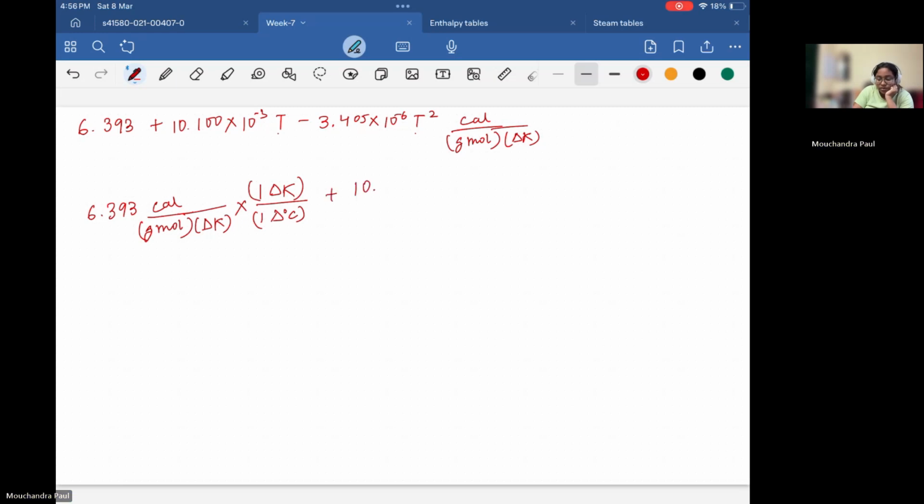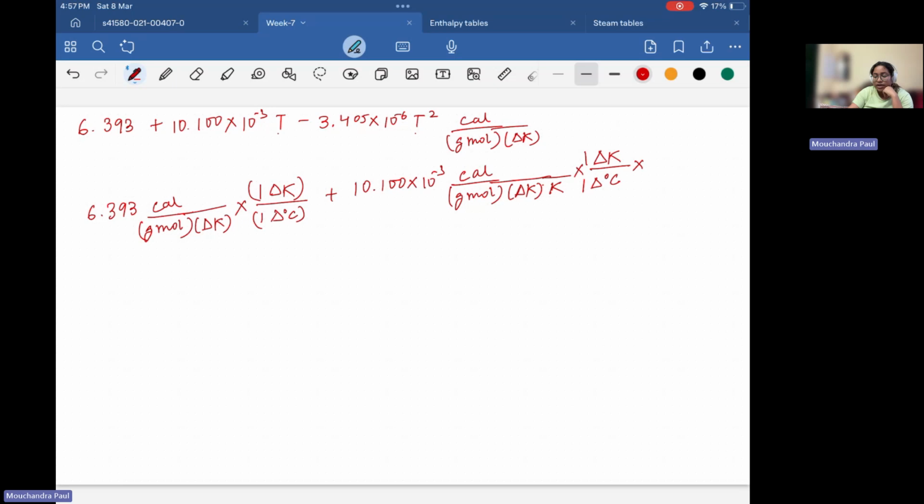Then for the T term, then we'll go to the T squared term. Initially it is this. Now since T is there, so 1 Kelvin term will also come. To cancel out delta Kelvin, we will divide by delta degree Celsius, 1 each.